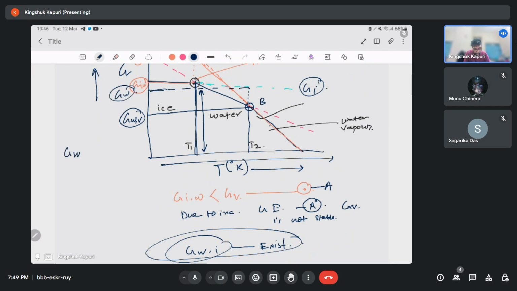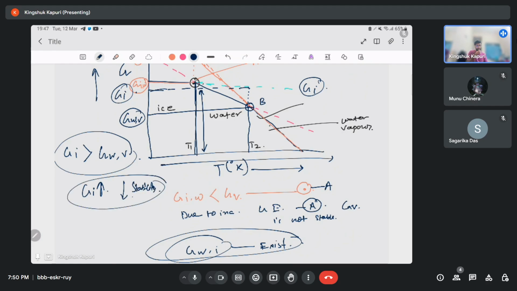So GI is higher than that of G water and G vapor, right? So GI has a higher value. It means it has a lower stability.